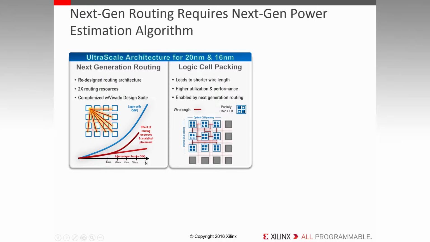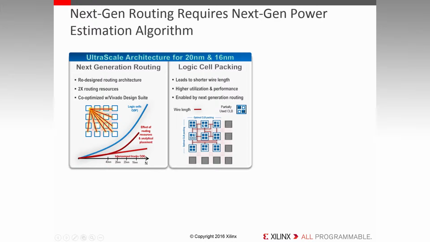The major differentiator for Xilinx in 20 nm UltraScale families, and now extended to UltraScale Plus, is the routing architecture innovation to deal with the number one bottleneck to system performance and power for next generation designs. We redesigned the routing infrastructure with more flexible switching and doubled both horizontal and vertical routing resources relative to 7 series to minimize routing delays and support rapidly increasing logic density.